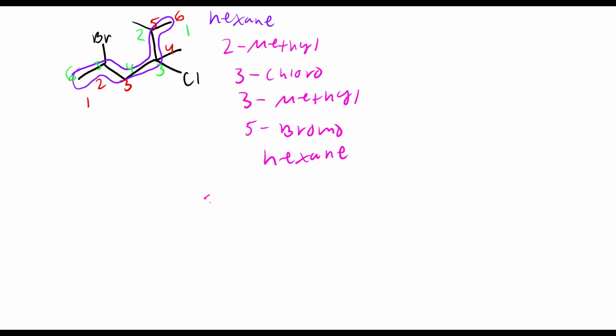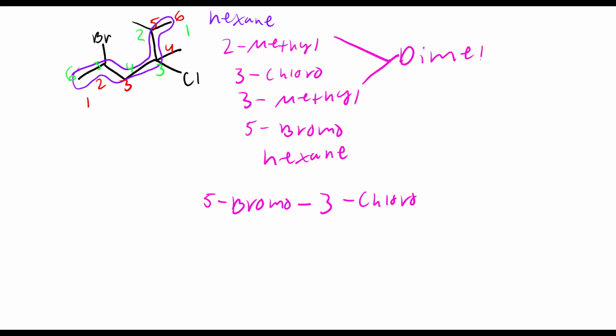So we have 5 bromo, 3 chloro. But do I say 3 methyl, 2 methyl? No, I don't. If I have 2 methyls, then that's a dimethyl. So that's a dimethyl because that means we have 2 methyls in this molecule.